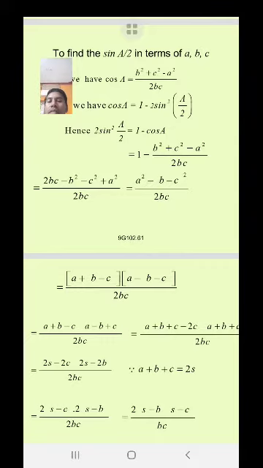Multiplying with minus c means minus into minus plus bc, and minus into minus c plus c square.